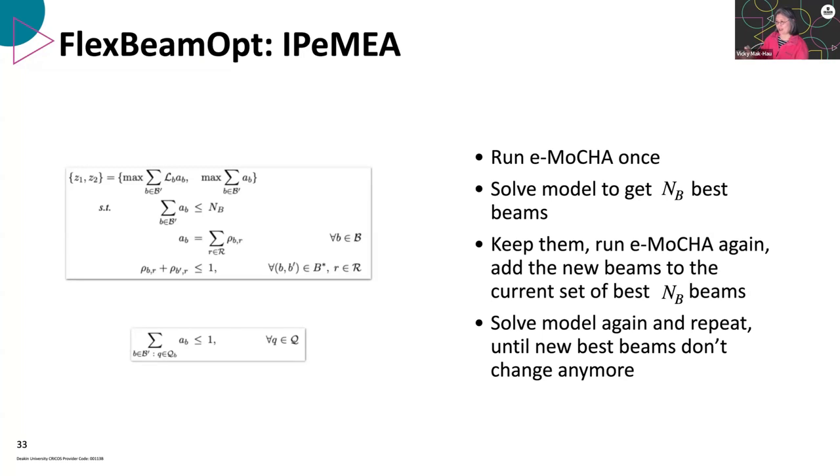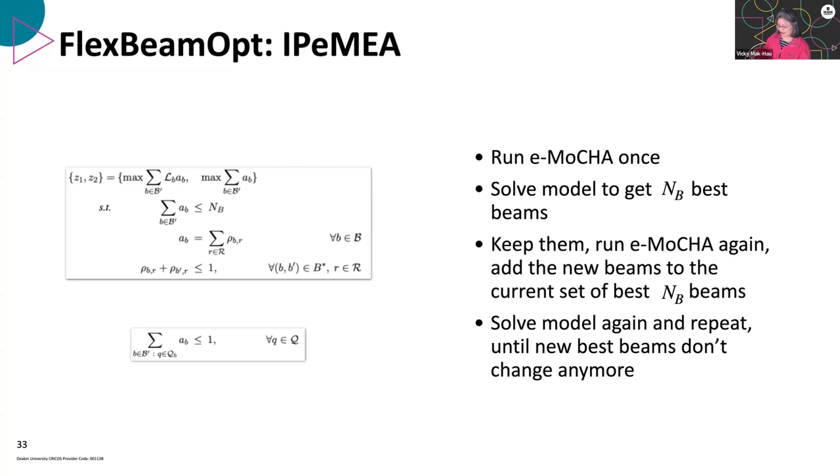And then we have IGNIA, which is completely the other end that is trying to not collect as many beams as possible. So what it does is that we run eMARCA once, and then say the system has 100 spot beams. So we run eMARCA once, and then we pick the best 100 beams, and then put it aside. Then run eMARCA again. Say, for example, eMARCA generated 250 beams.